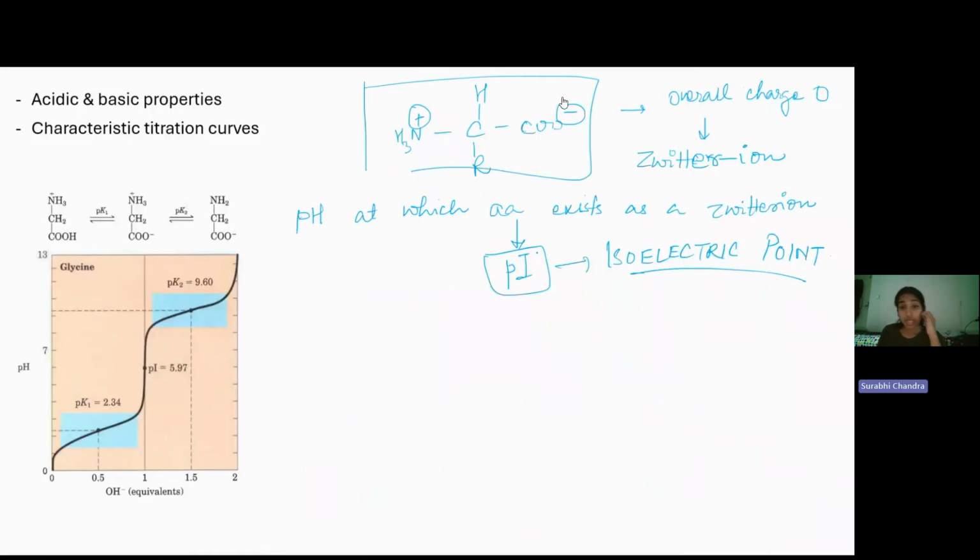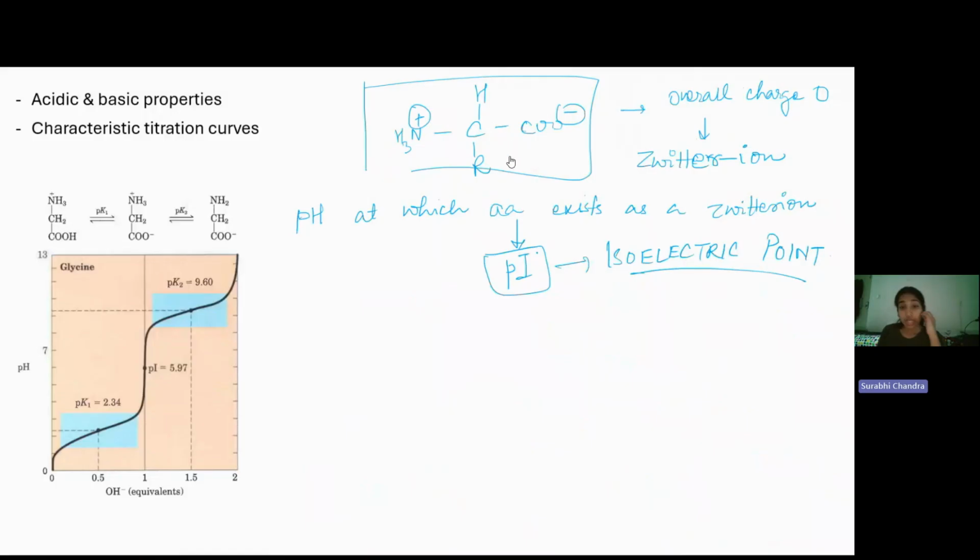Now, amino acids, due to their charged properties, at this state, in this Zwitter ionic state, if it has to move across an electric field, it won't be moving beyond that particular point. Because it is neutrally charged, it won't move towards either the negatively charged electrode or the positively charged electrode. It will stay at the point where it has migrated.